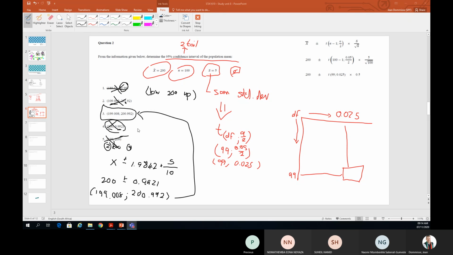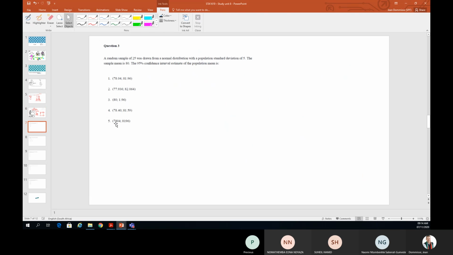So that is a way to work it out if you didn't go through the whole process. Okay, let's look at the next one, and what information they give us.